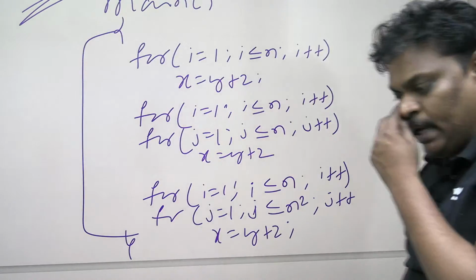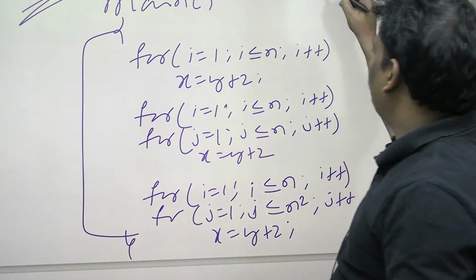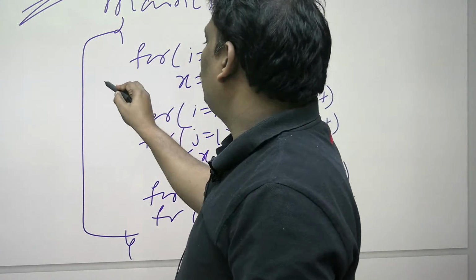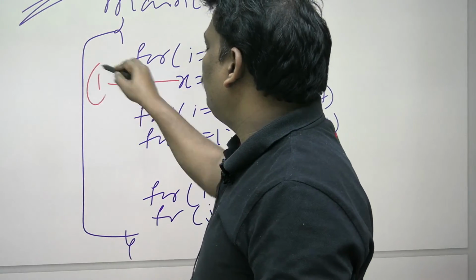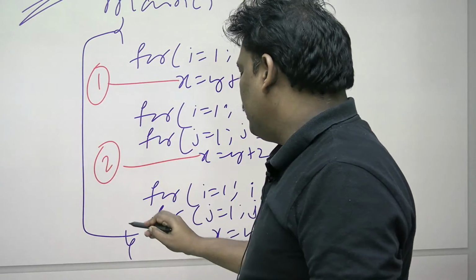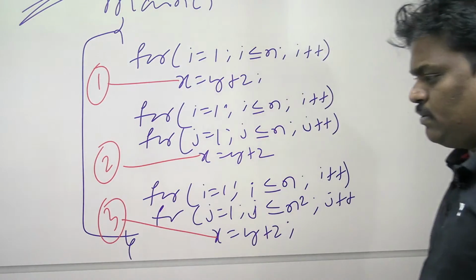Please let me know what is the time complexity of this program. See this one. First count how many statements. Statement number 1, statement number 2, statement number 3. There are 3 statements.